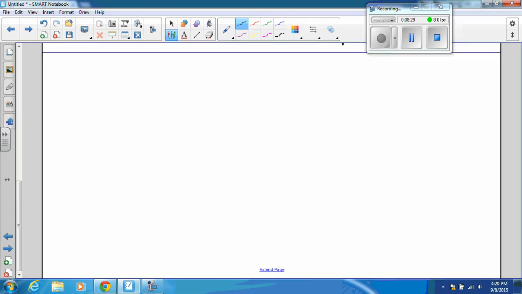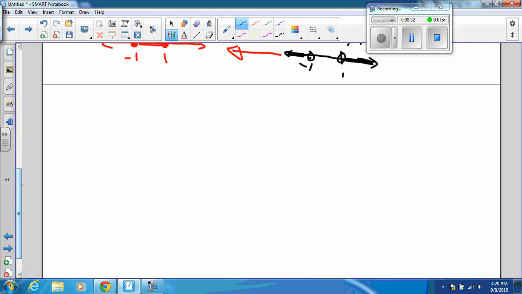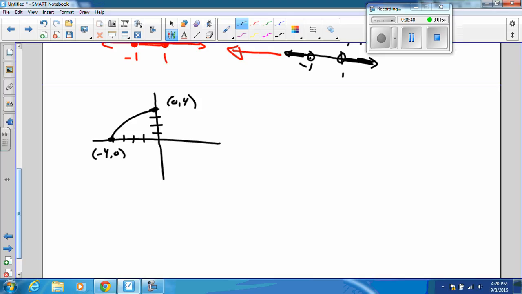The last domain that we are asked to find is the domain of the function described in this graph right here, which appears to go from the point negative 4 comma 0 up to the point 0 comma 4, and then down to a point that is somewhere around 4 comma negative 2.